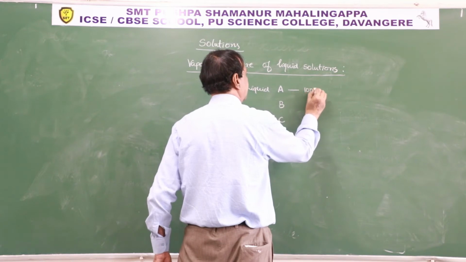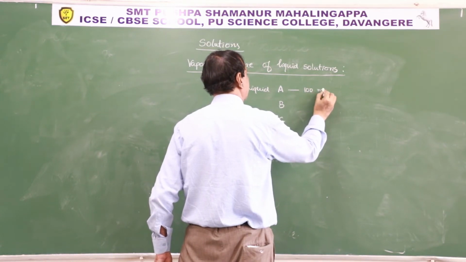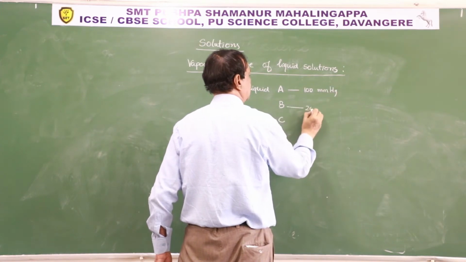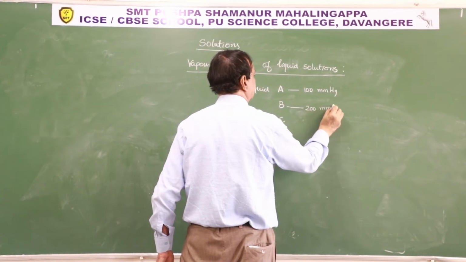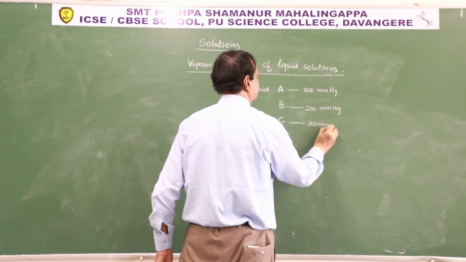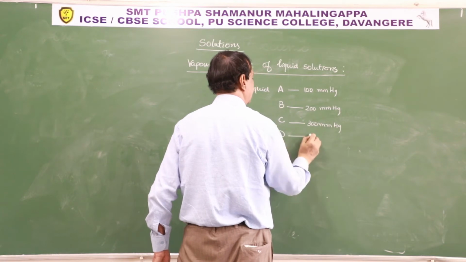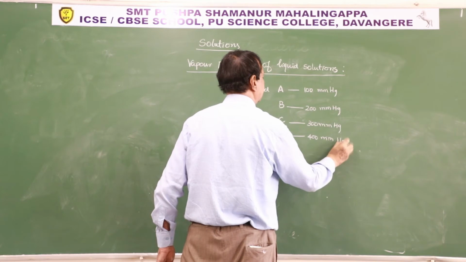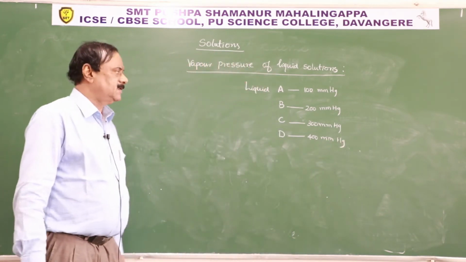Suppose this is 100 millimeter of mercury, this is about 200, this is about 300 and this is about 400 millimeter of mercury.